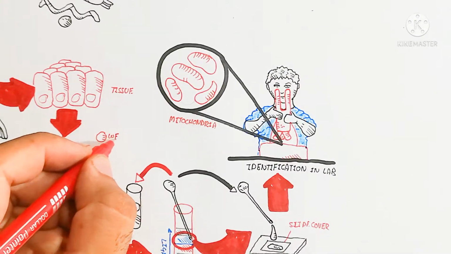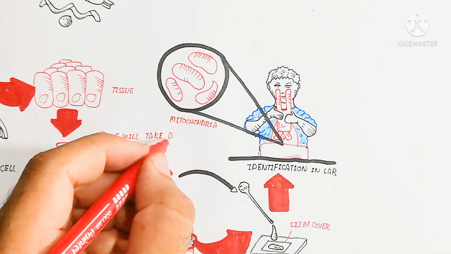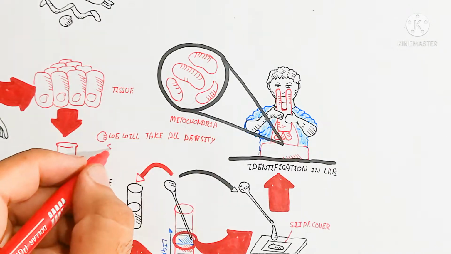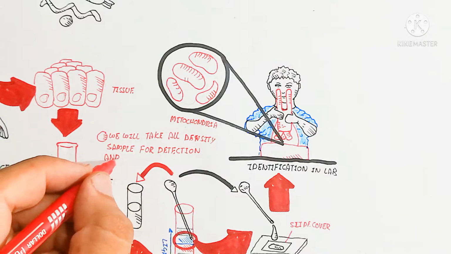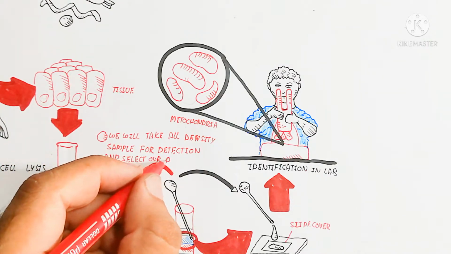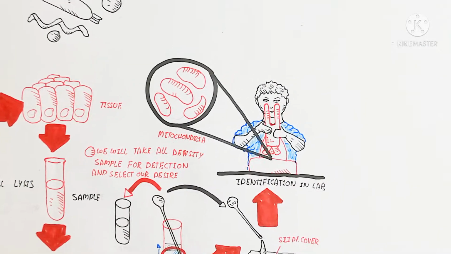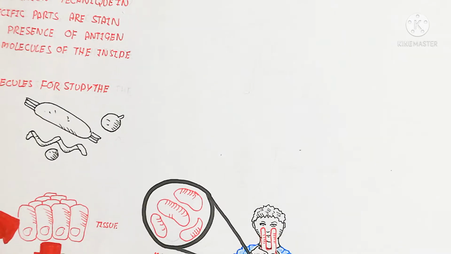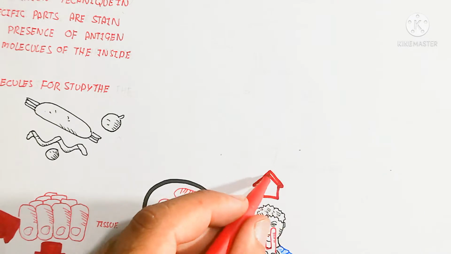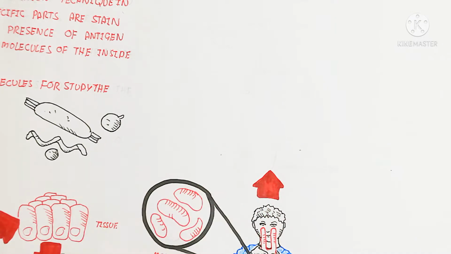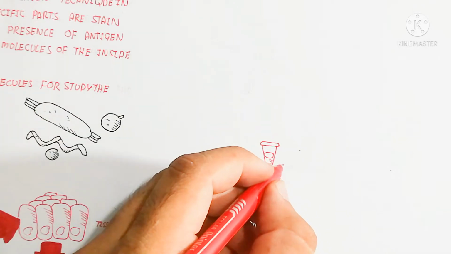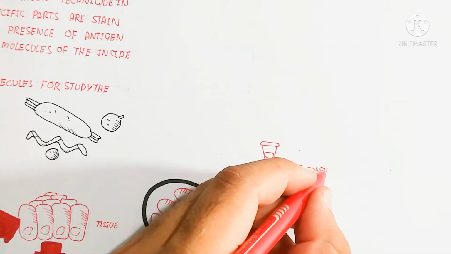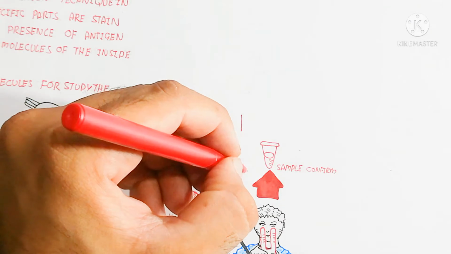After confirming the mitochondria, some segment of this sample is injected into an animal. After injection into the animal it is called an antigen, and the animal will produce antibodies against this mitochondrial antigen.